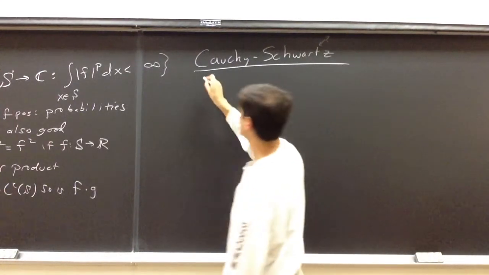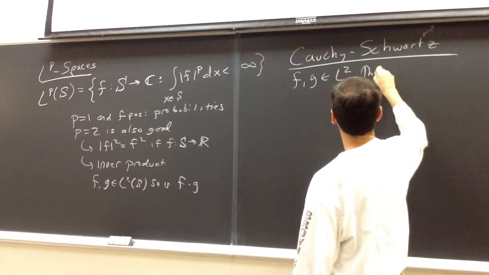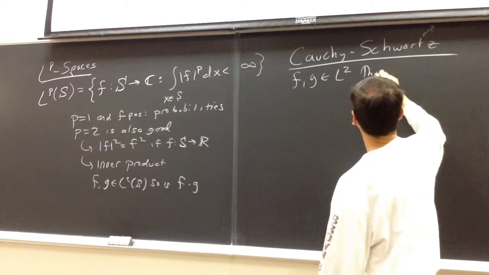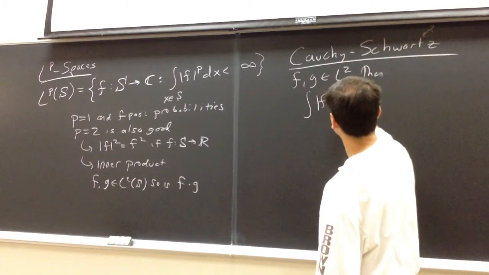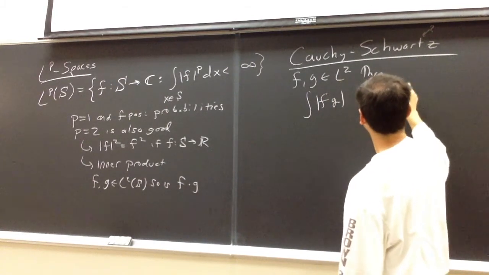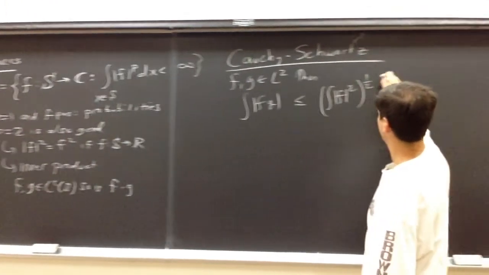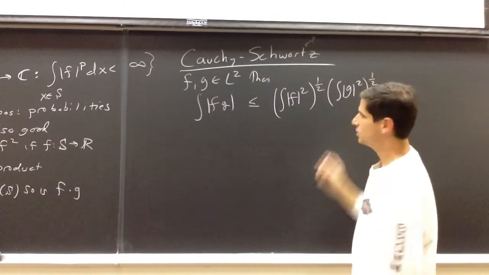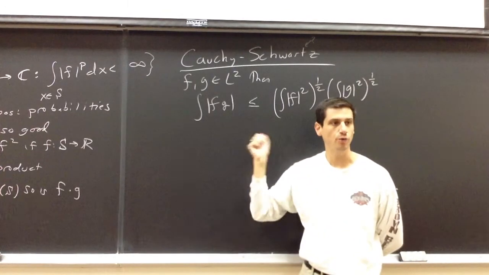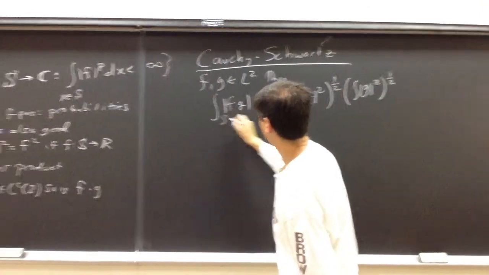What this says is if f and g are in L2, then the integral of fg is less than or equal to the integral of f squared to the 1/2 times the integral of g squared to the 1/2, where I'm integrating over my space, S.